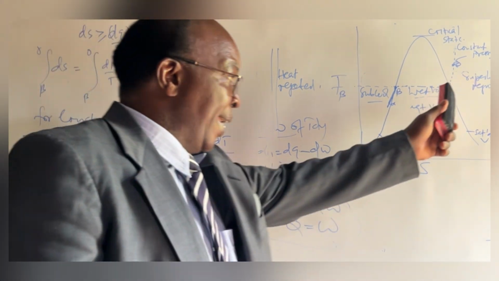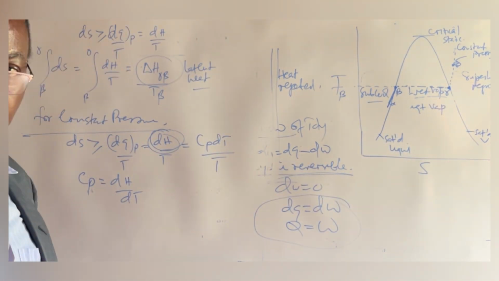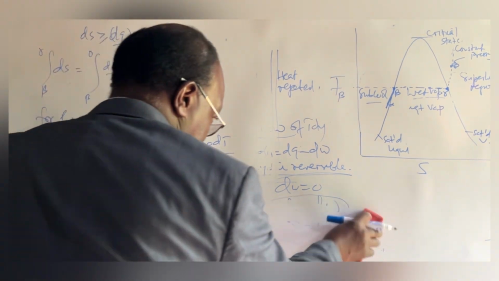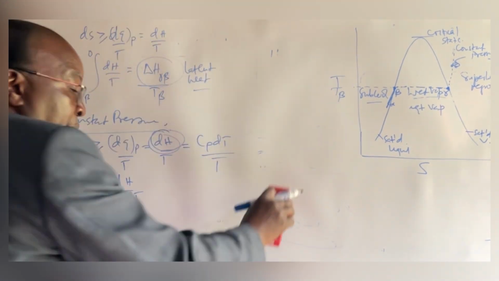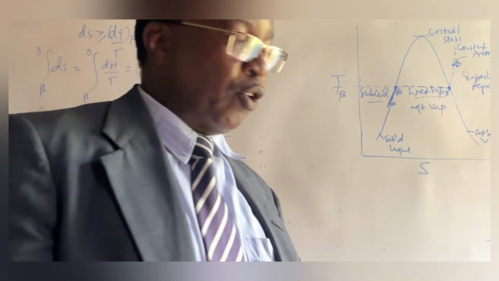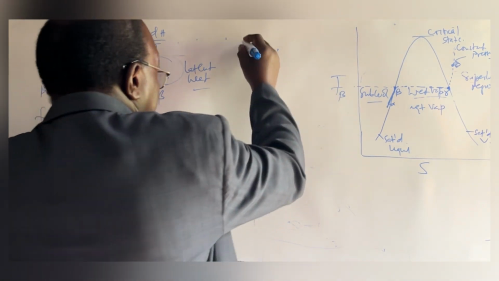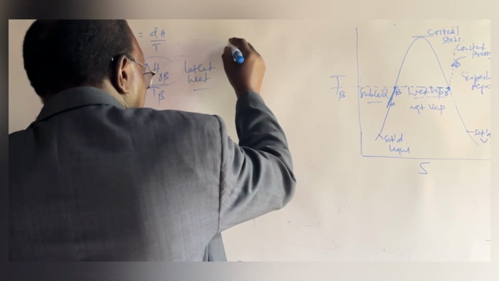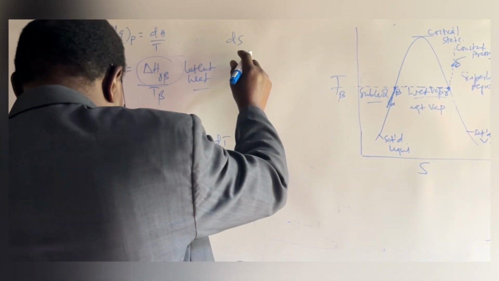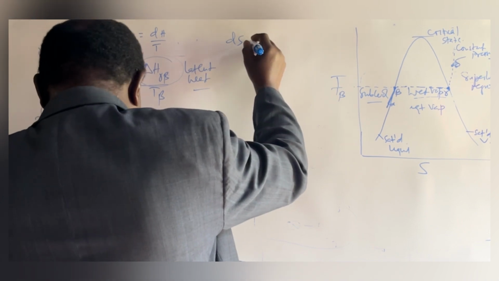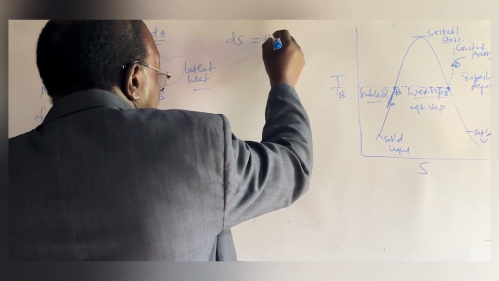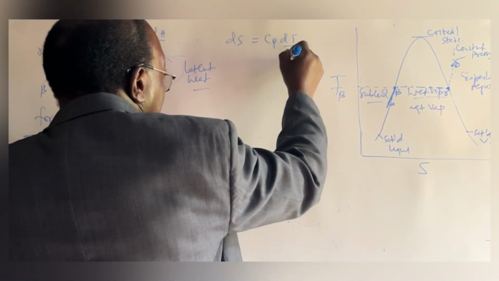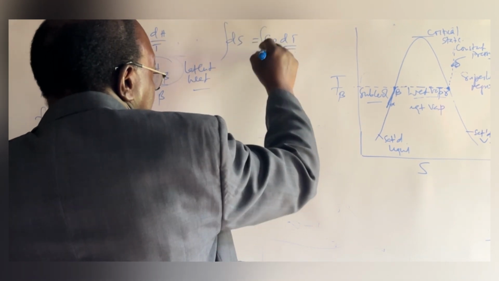And so in the superheat region, the change in entropy will be ds equals Cp dT over T, and then we integrate.